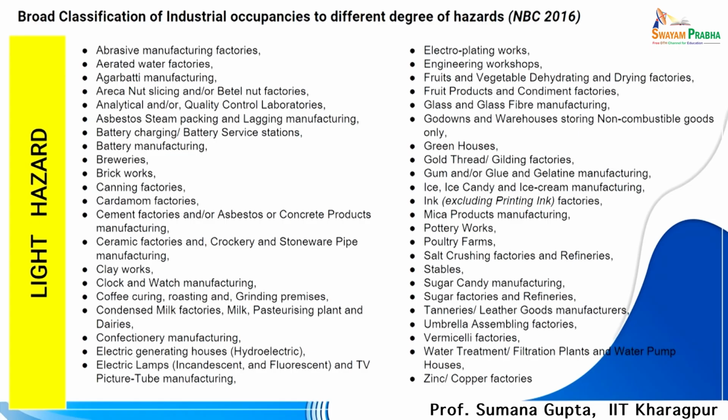Light hazard, which contains so many types of buildings. If I read one or two, like brickwork, clay work, dairies, greenhouses, poultry farms, vermicelli factories, zinc copper factories, glass and glass fiber manufacturing.